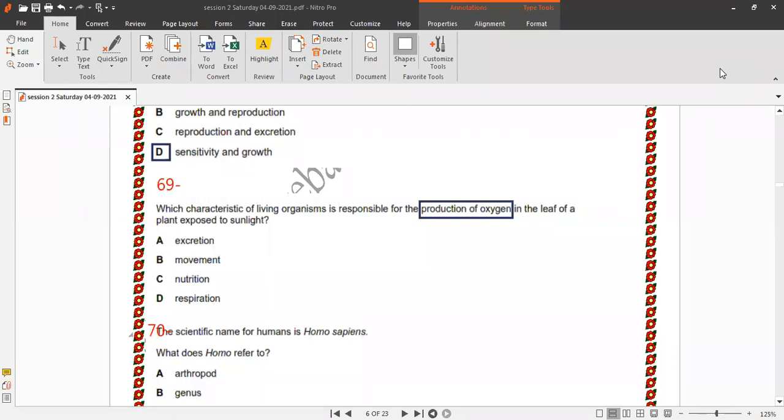The production of oxygen is nutrition. Why? Because during photosynthesis, plants use raw materials and produce what? Produce oxygen. Okay. Astaghfirullah. What is wrong? So the correct answer? Nutrition. Okay.